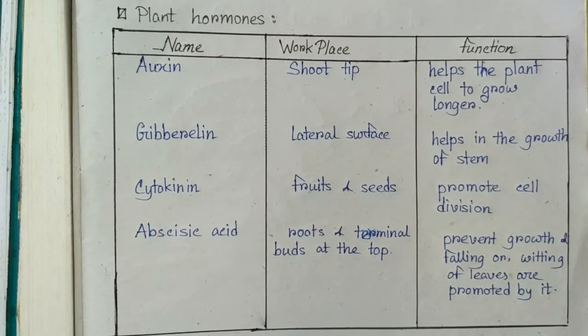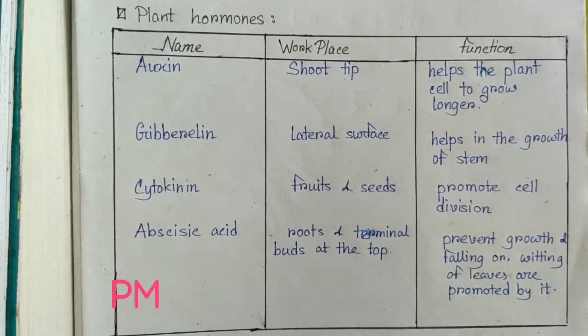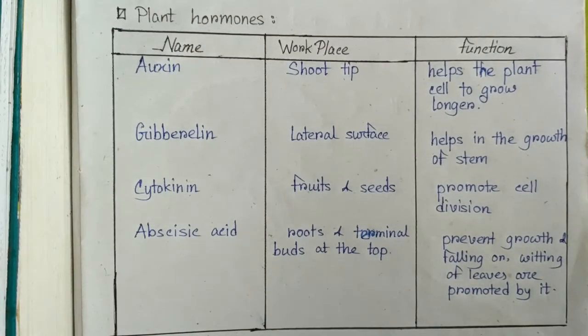First one is auxin. The workplace of auxin is the shoot tip, meaning the tip of the stem. It helps the plant to grow longer.